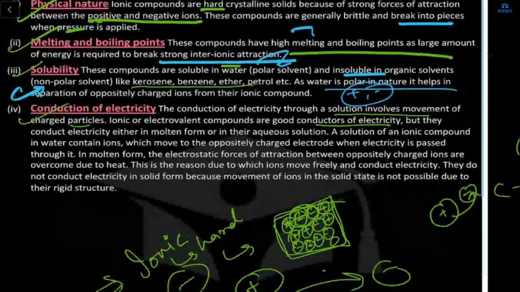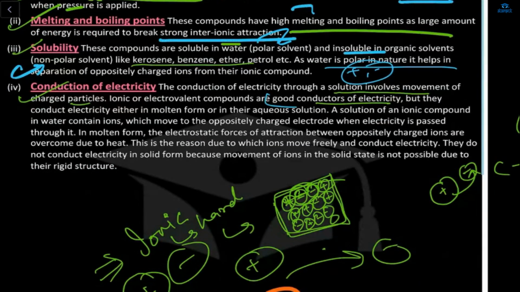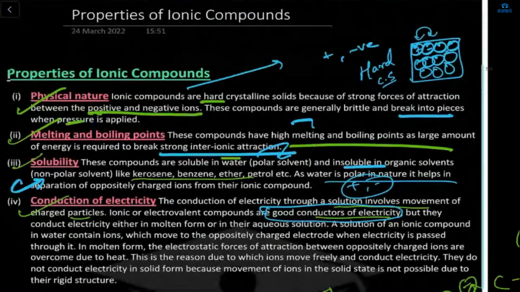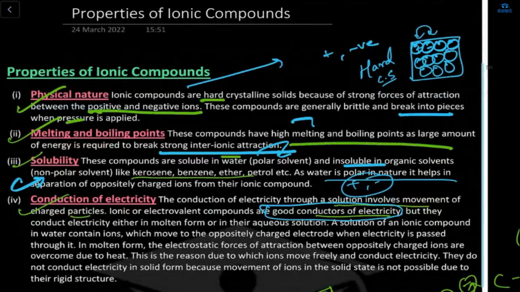Now conduction of electricity. They are good conductors of electricity. Okay? So what are the properties of ionic compounds? First, the physical nature: they are very hard crystalline solids with a very strong force of attraction between them. They can only be broken if external pressure is applied.